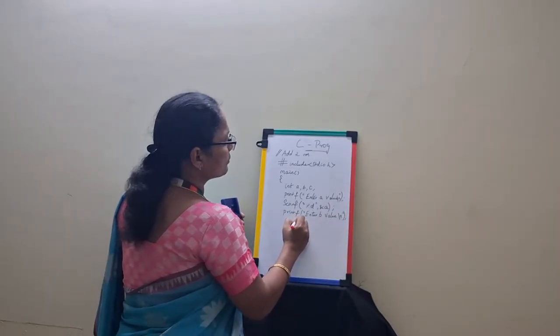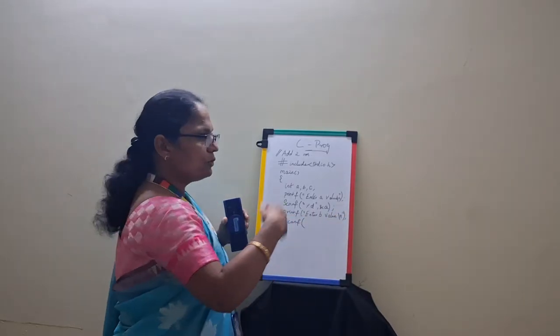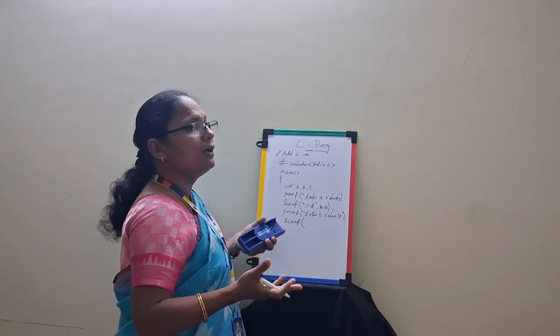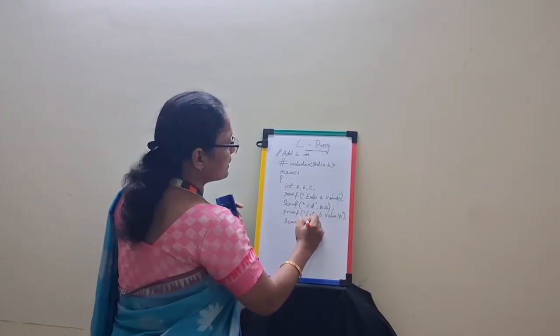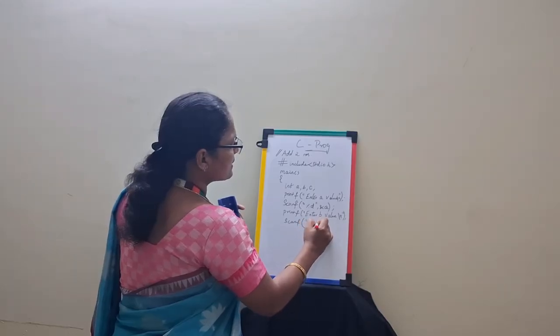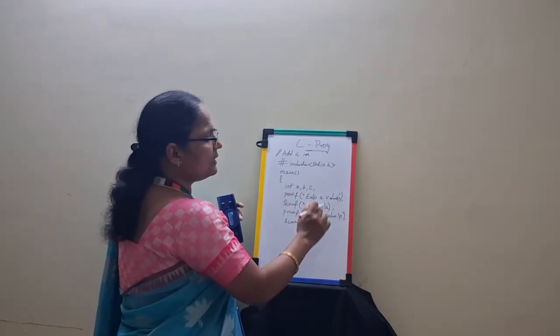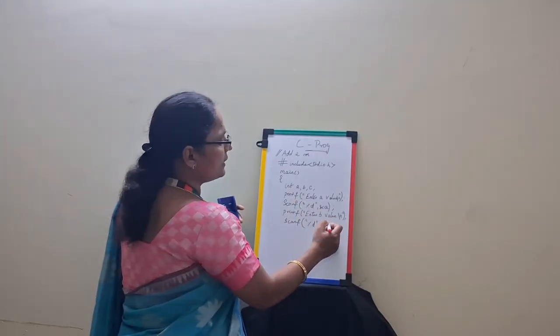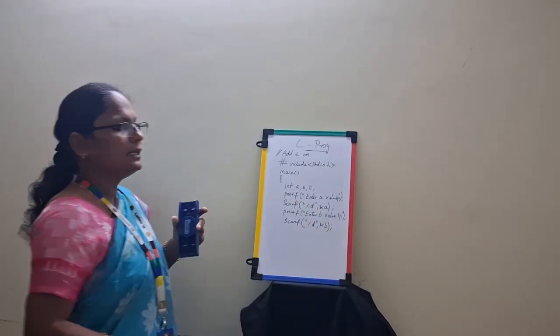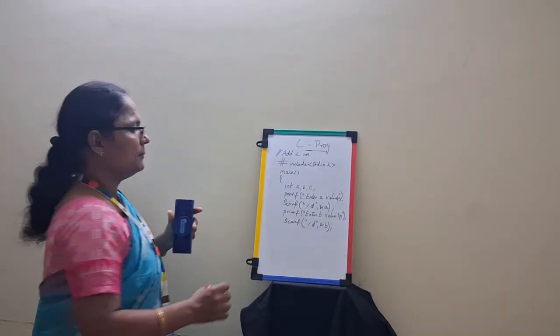Scanf: again I have to use the scanf, then only I can get the value from the keyboard. Percentage d. Why are we using percentage d? Because it's an integer value. I have declared it as an integer value. Percentage d comma ampersand b.